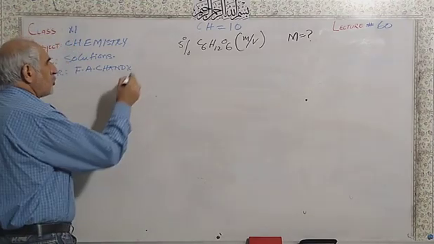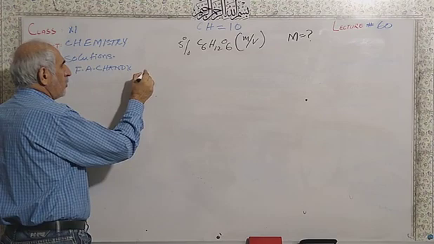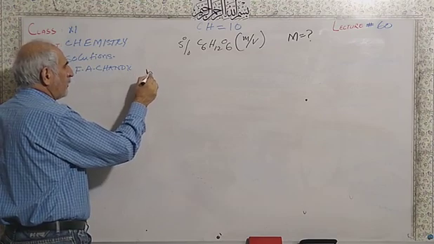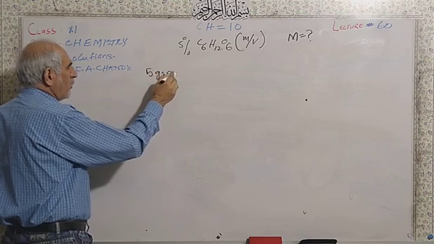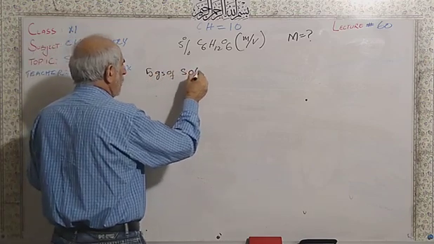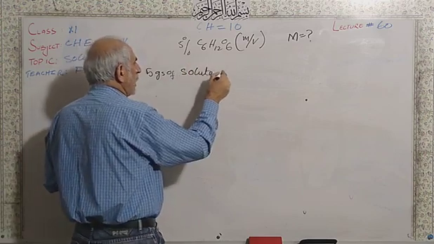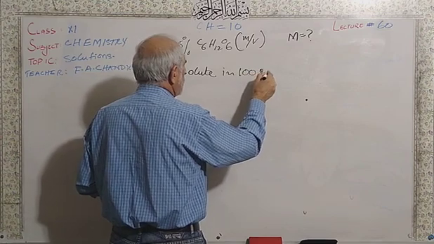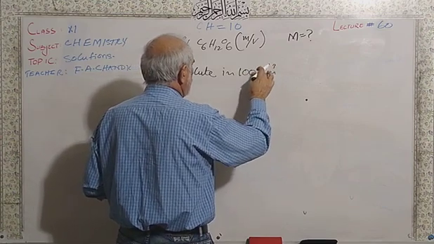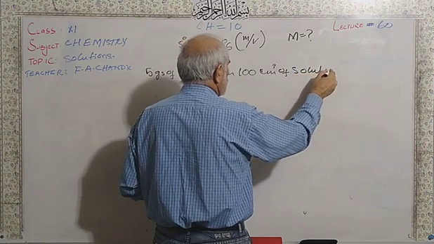molarity. So 5% means 5 grams of solute, meaning glucose, in 100 centimeter cube of solution.